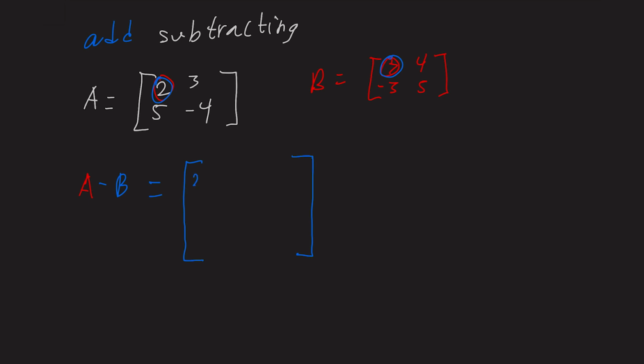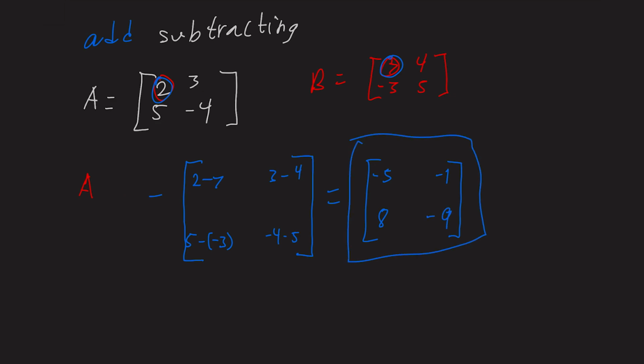So we're going to have 2 minus 7, 3 minus 4, 5 minus negative 3, and negative 4 minus 5. And that is going to bring us to a 2 by 2 matrix of negative 5, negative 1, 8, and negative 9. And that is our resultant in this case.